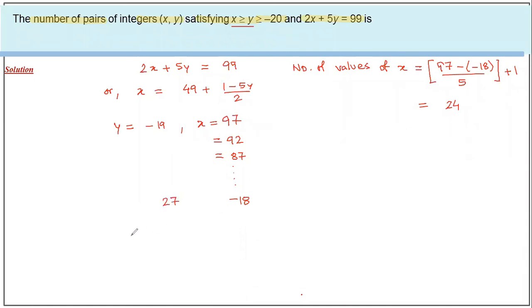Now we see that when y decreases by 2 and x increases by plus 5, then we have a net gap of 7 for each step.